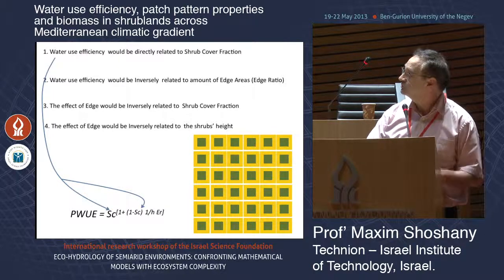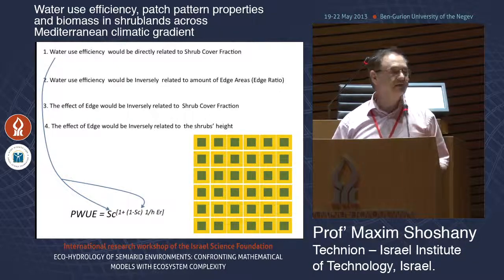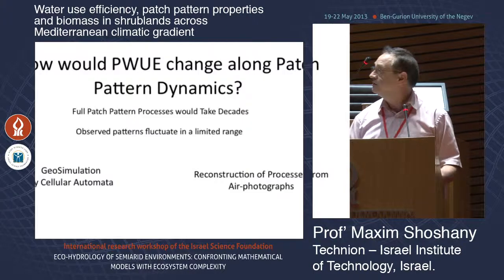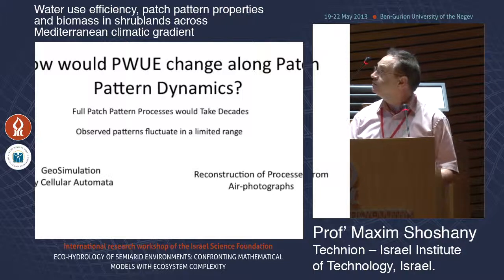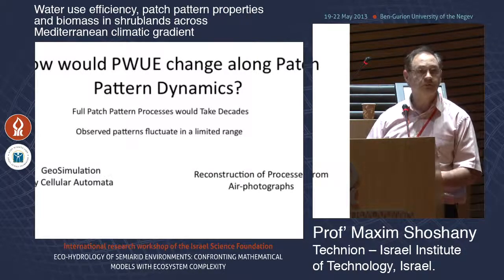It's an inverse relationship. All these parameters can be found relatively easily. The information is accessible on these parameters. So this is the pattern water use efficiency. It is ranging between 0 and 1.